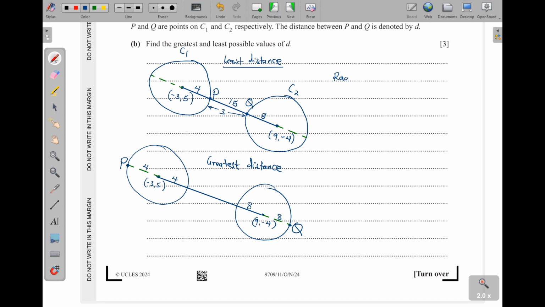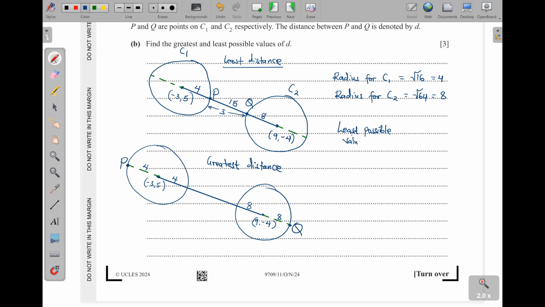Radius for C1, we have seen it is root of 16, which is 4. Then the radius for C2 is the square root of 64, which is 8. So least possible distance between P and Q, possible values of D. Actually, I can say least possible value.